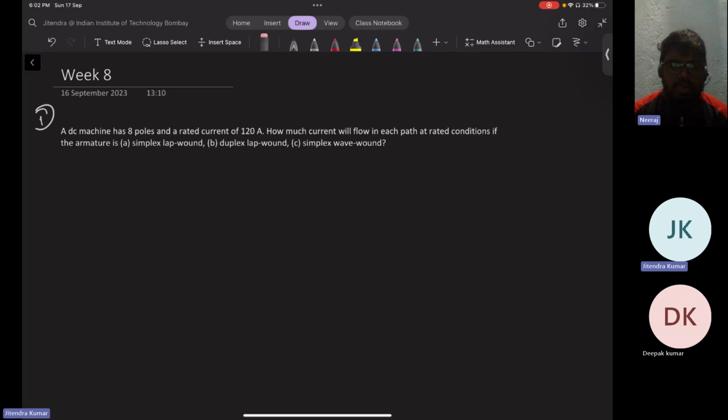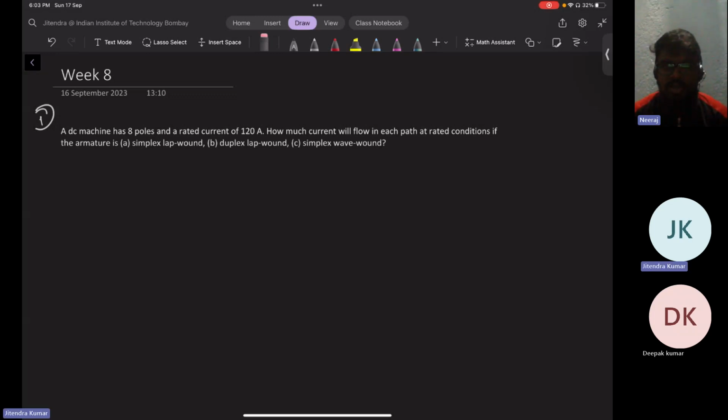Sir, in lap winding, the adjacent coils are connected to the adjacent commutator segments. Yes, that is correct. In lap winding, we get as many parallel paths as there are poles, but in wave winding, we only get two parallel paths, however many poles there may be.